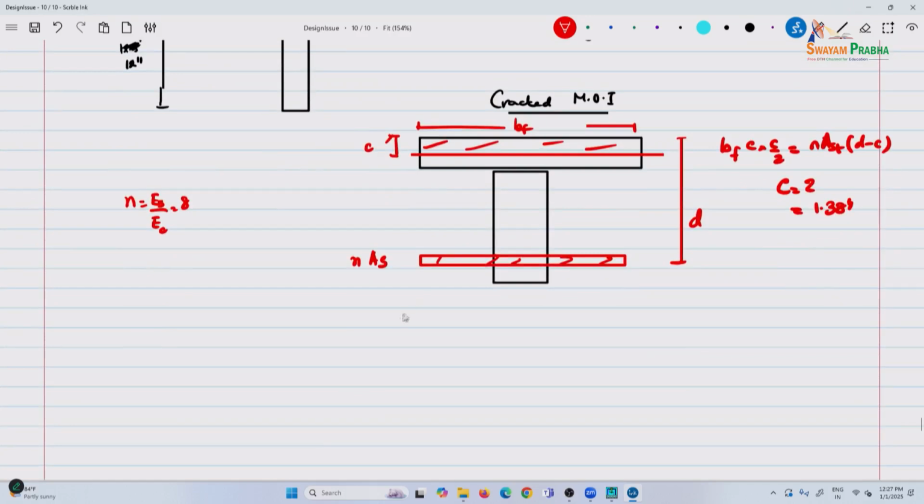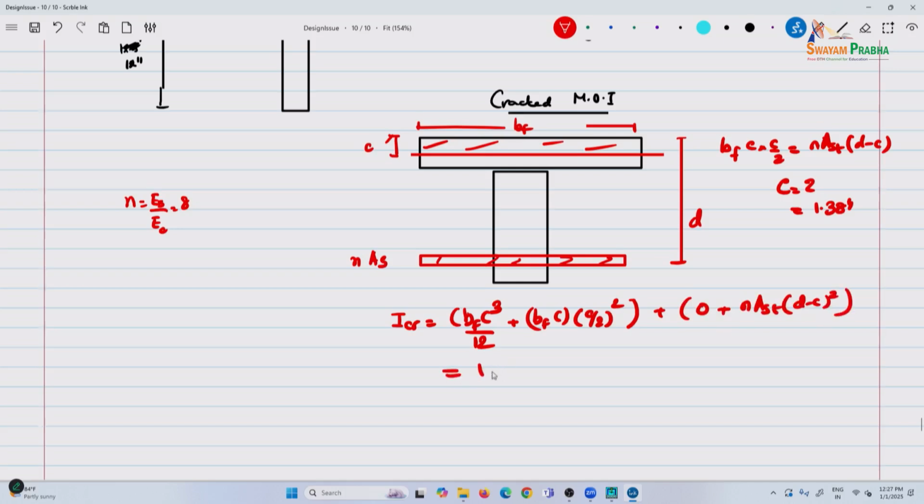And your ICR is nothing but BF C cubed by 12 plus BF multiplied by C by 2 squared plus 0 plus NAS times D minus C squared. So ICR comes to 1780 and I average is 4,000.